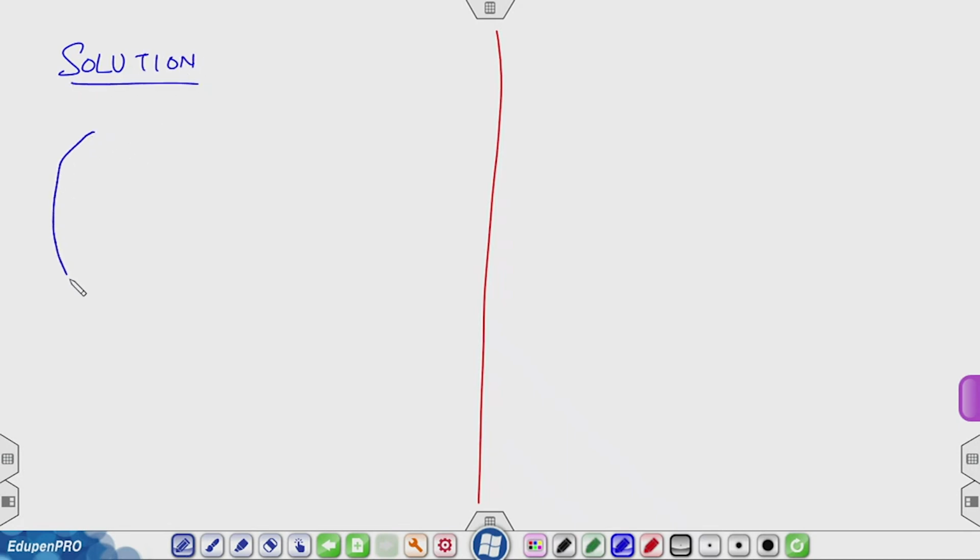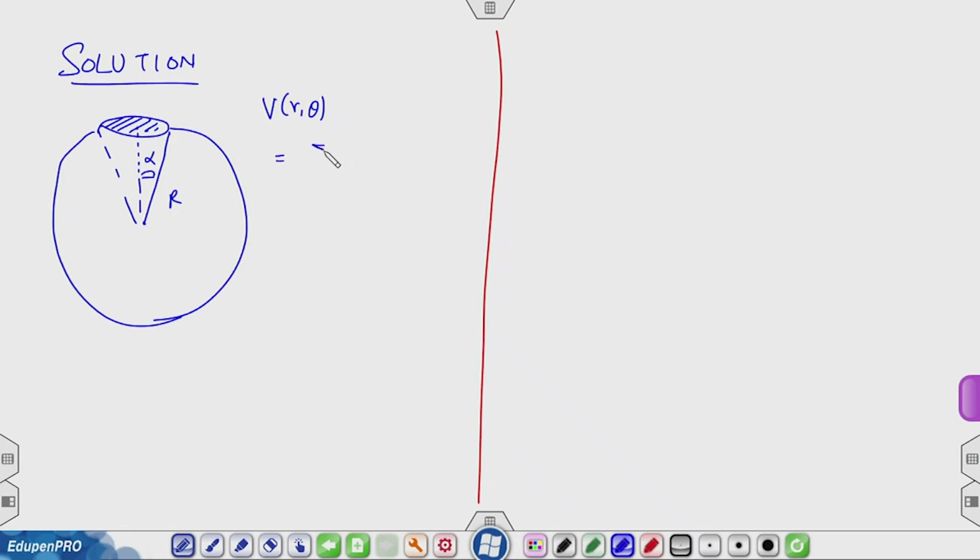So, here is the sphere of radius r, and it has this hole of angle alpha, a conical hole of angle alpha. I know from the expansion that V(r, theta), and this is azimuthally symmetric, is going to be given as summation A L r raised to L P L cosine of theta for r less than R. Why this?